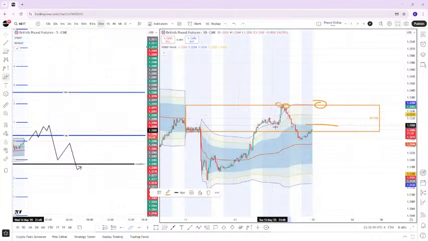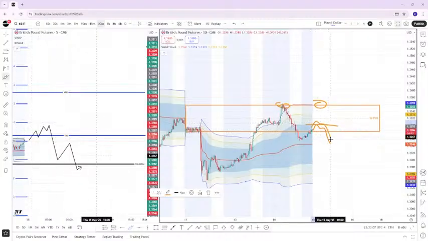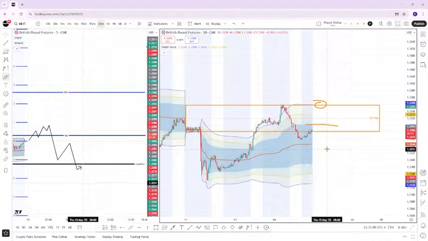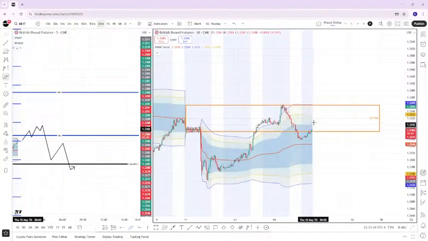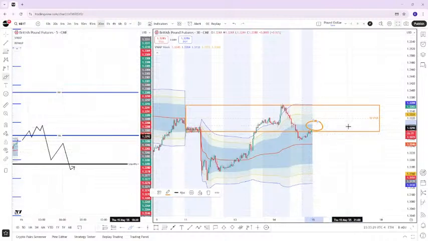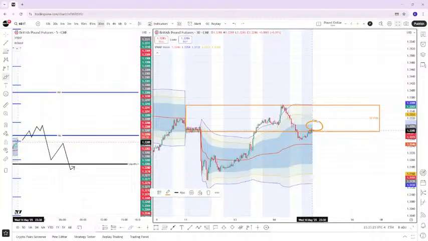But if it pushes and stops there, I think that's probably getting into a more aggressive sell. But that's my sell area up here. This is a sell area because we haven't accepted inside that weekly PVA.